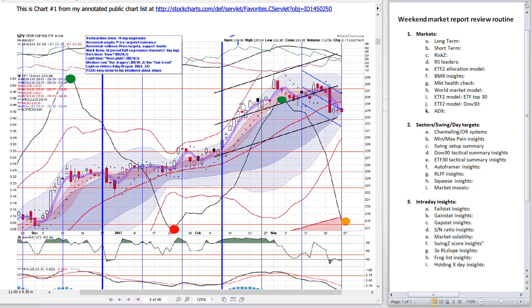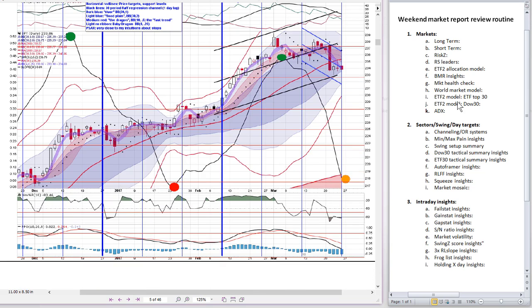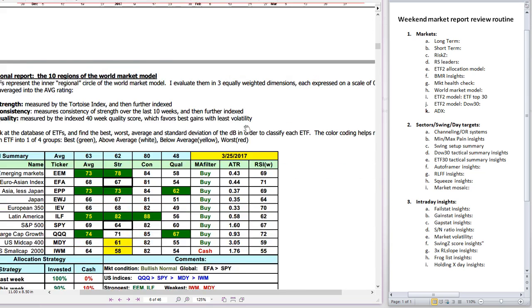Maybe this is just building the base north of 233, excuse me. You see the 200-day moving average just crept in. These horizontal red lines are places where support has been made in the past, and where if we get support again, I'm not surprised. All right, so now we're going to look at the world market model.